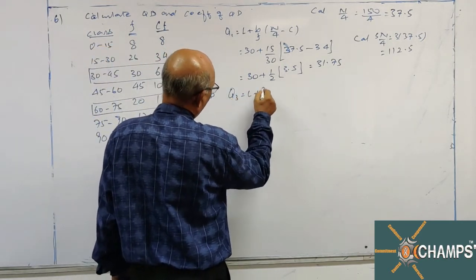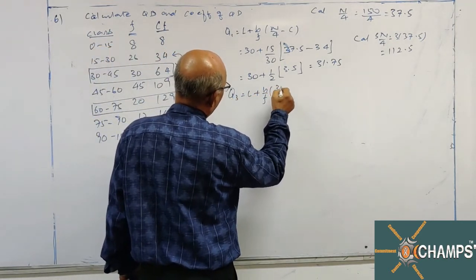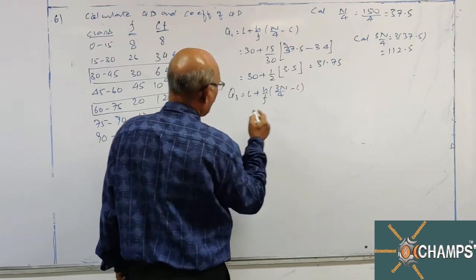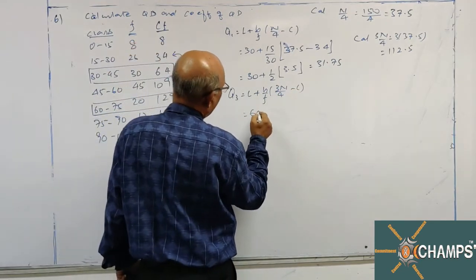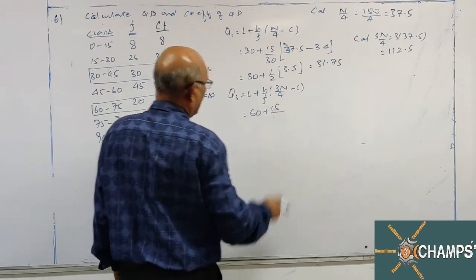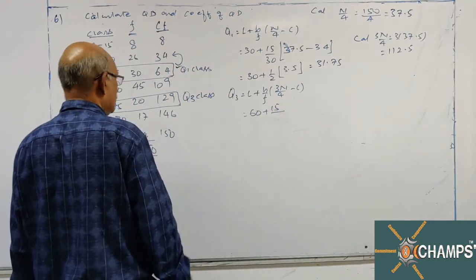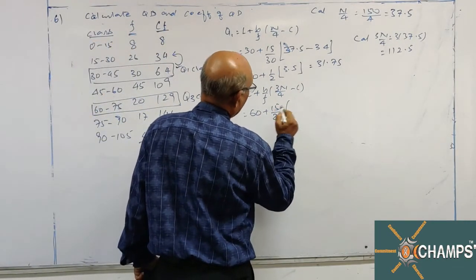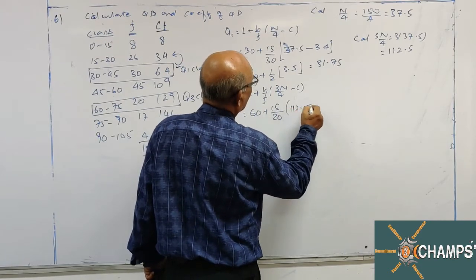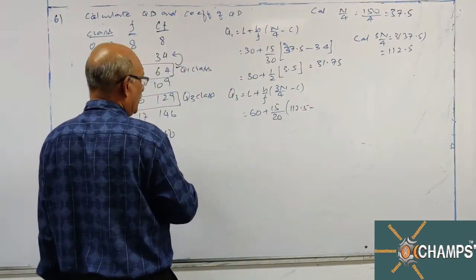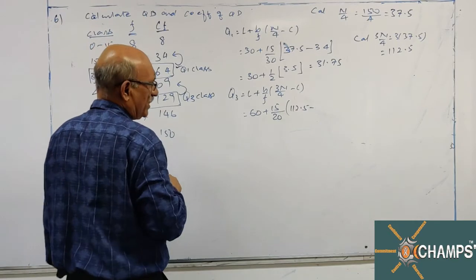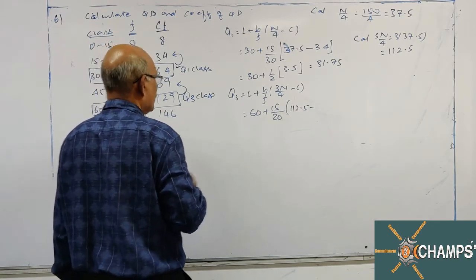Q3 is equal to L plus H by F into 3n by 4 minus C. L means lower limit, H means class interval 15, frequency means 20, 3n by 4 is 112.5, C means cumulative frequency preceding to this 3n by 4 class.